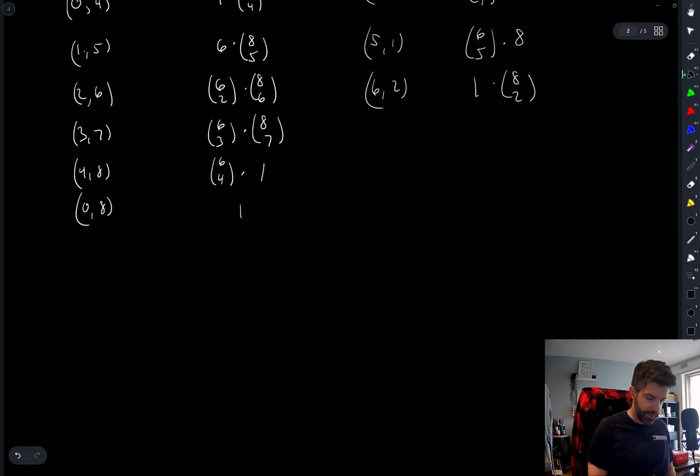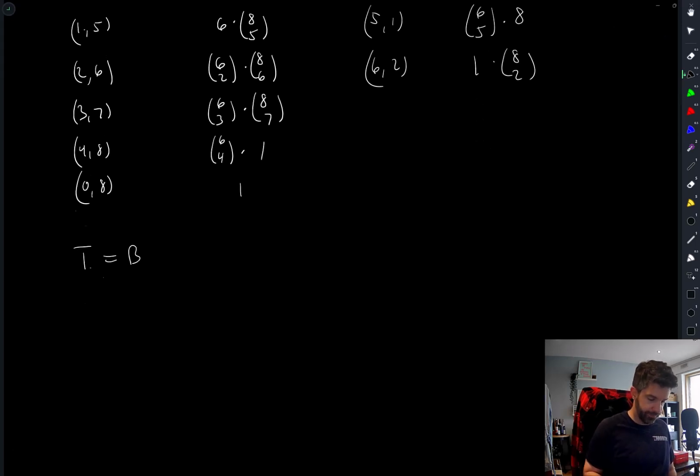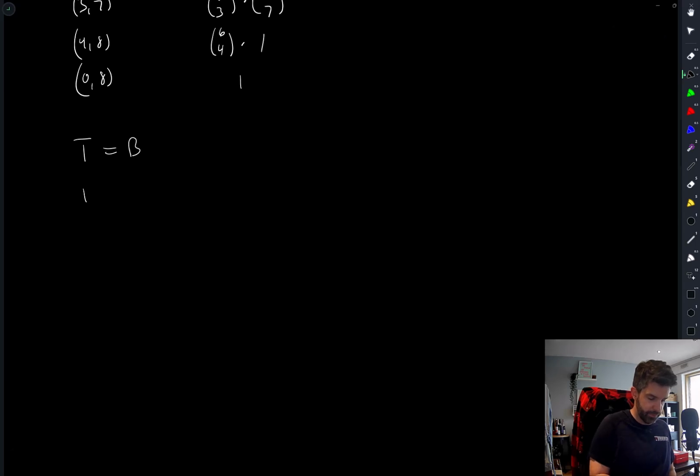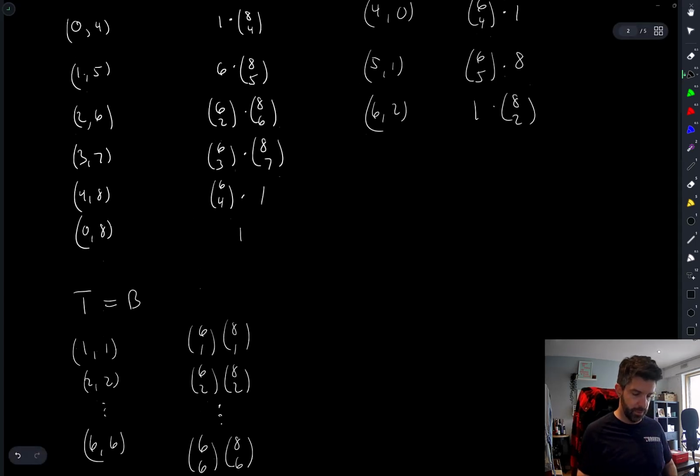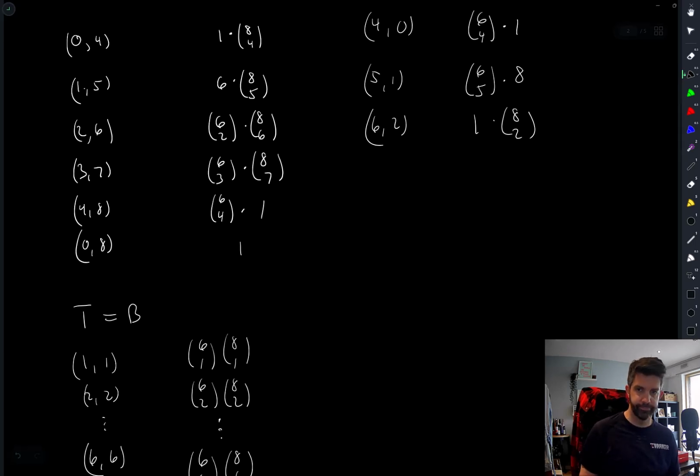And then when the number of tenors is equal to basses, we have 1, 1, 2, 2, up to 6, 6. So this is 6 choose 1 times 8 choose 1, 6 choose 2 times 8 choose 2, and so on up to 6 choose 6 times 8 choose 6. We have to add all these numbers up and then find the remainder when divided by 100.